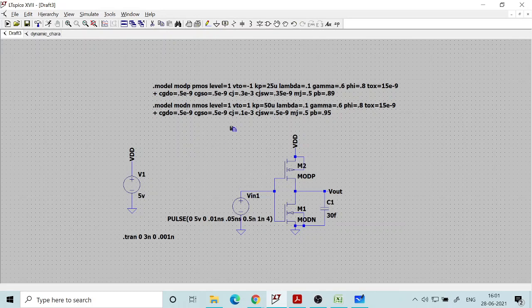Again F6. If you do, what I want to do is, first of all, remove these capacitors. Okay, I want this part only. Now let me copy this. I'm going to make 2 more copies of this.